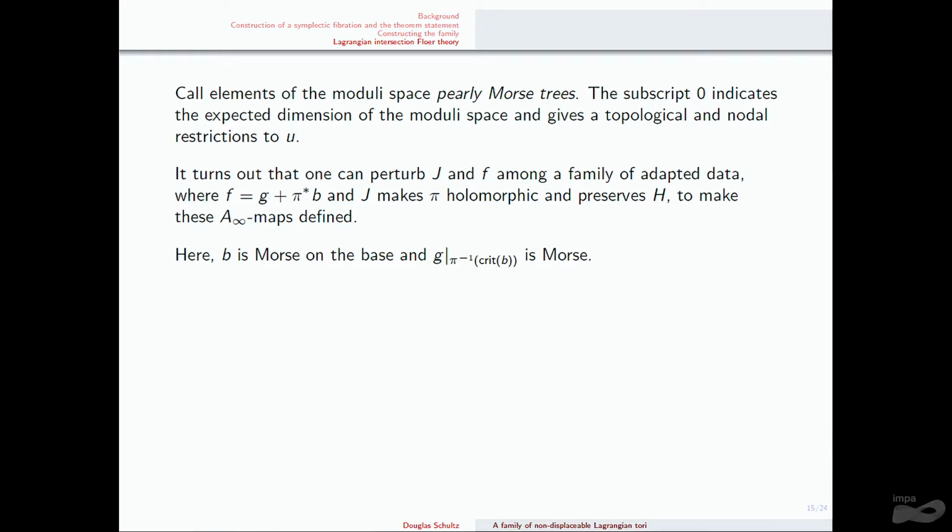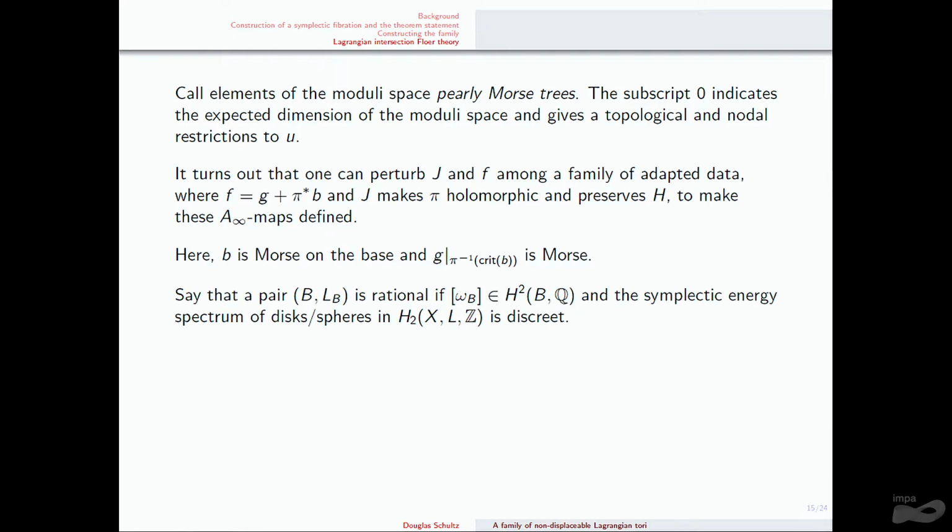Well, this as well. Okay, and then say that a pair, a symplectic manifold and some Lagrangian sitting inside of it, is rational if omega b lives in cohomology with rational coefficients, and the symplectic energy spectrum of disks and spheres, or stuff in the image of the Hurewicz morphism, is discrete.